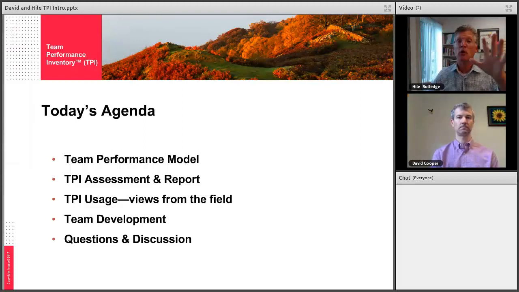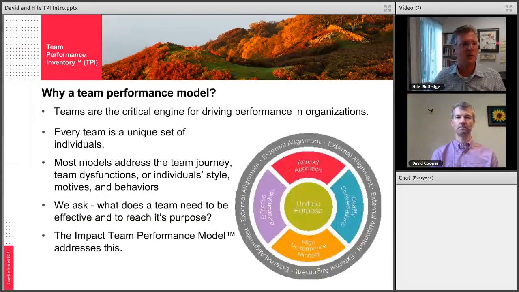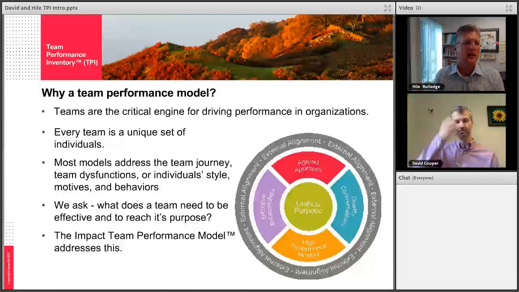So that's where we're going over the arc of our discussion. We've got a really full group here, so it's nice to see you. Before we get into the tool, let's start with the model that underpins it. David, welcome, and could you take us through the TPI model?